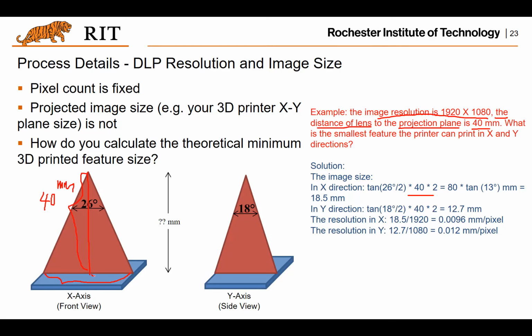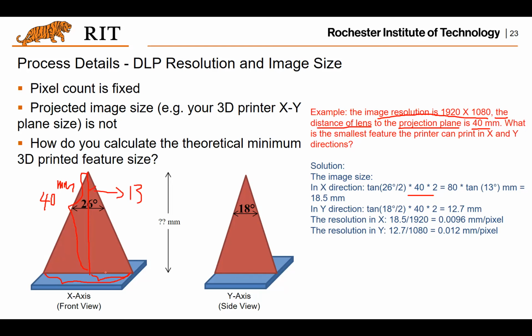Then compute this, because this is half of the dimension of the projected image in the x-axis. How do you compute it? Use some trigonometry. This is 40, and this is half of 26, which is 13.